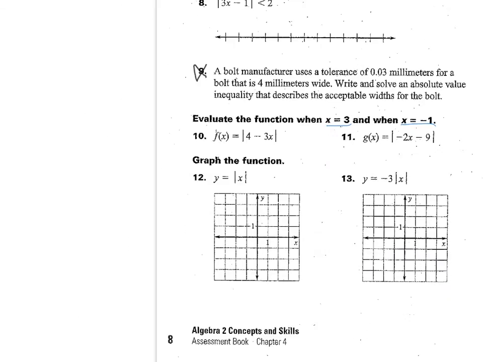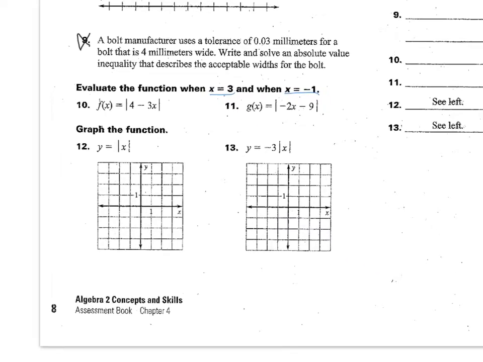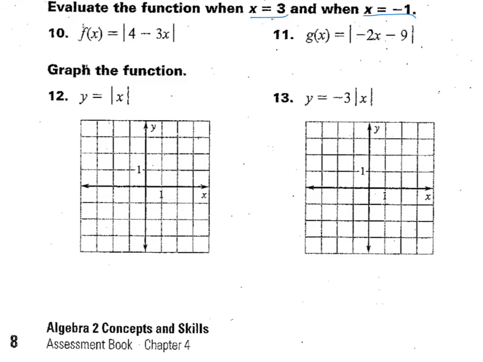Looking down to 12 and 13, you're going to graph. Remember, you have to pick some values for x to plug in here, and then graph. And remember, we always start here at the origin. So choose some values for x, plug them in, see what you get, graph them.